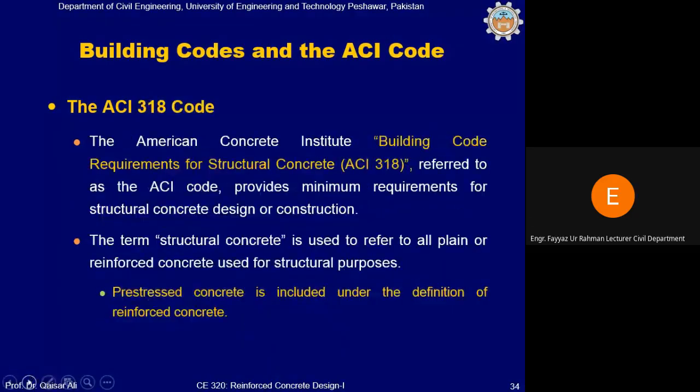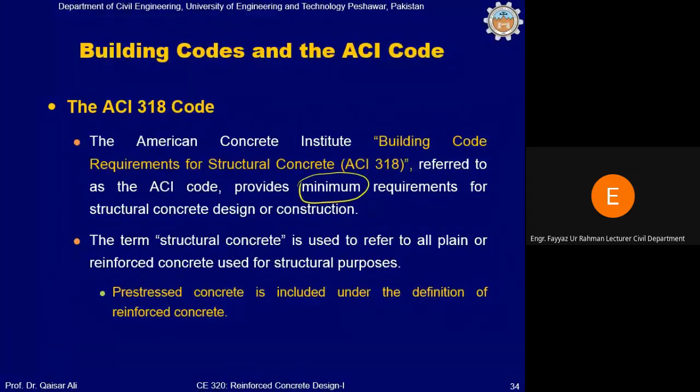The American Concrete Institute building code requirements for structural concrete, which is ACI 318, referred to as the ACI code, provides minimum requirements for structural concrete design or construction. Clear? Remember that the code will always provide you some minimum requirements.